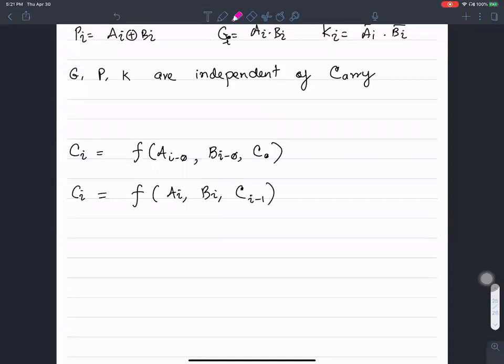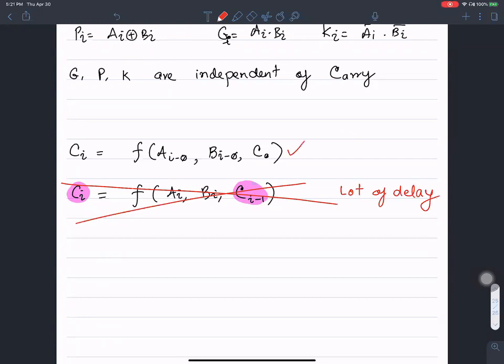In order to calculate the carry of stage C4, I had to wait for C3 to come. This is a bad design. I don't want it, so there's a lot of delay.